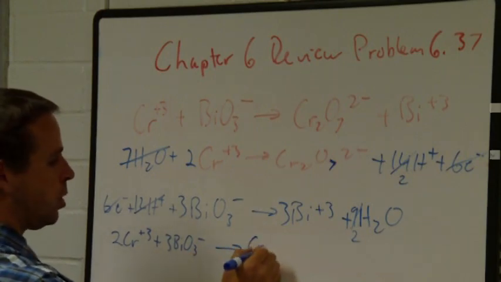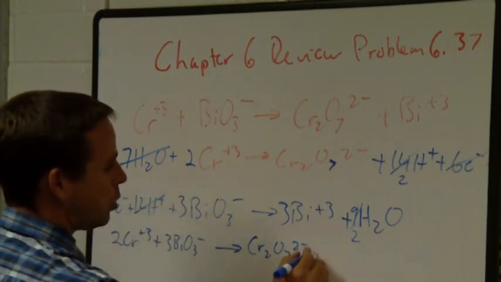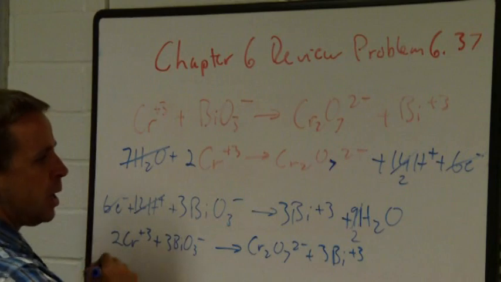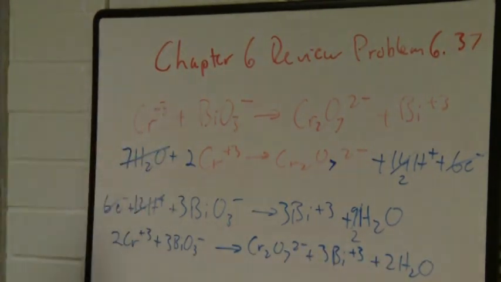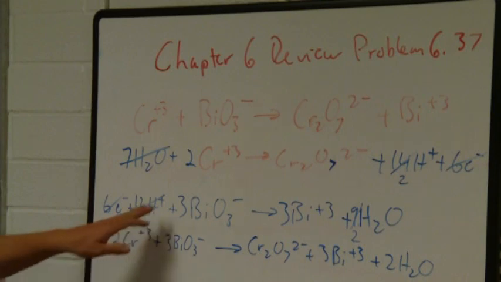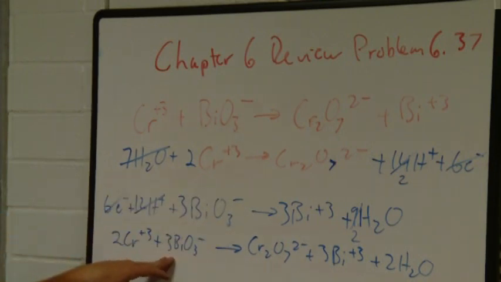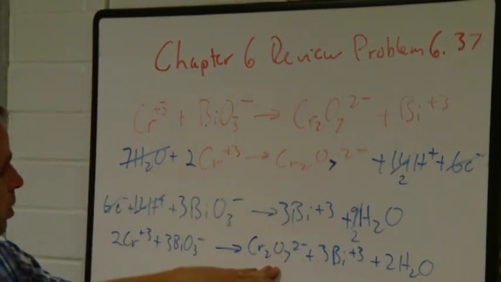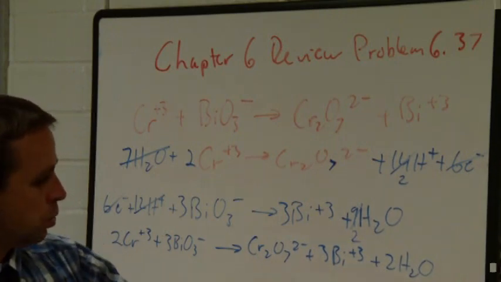Products: Cr2O7 2 minus, the dichromate ion, 3 bismuth ions, and then we have 2 waters left over on the left. Is that it? Did we forget anything? Our chromium, our BiO3 minus, dichromate, 3 Bi plus 3s, and then 2 waters.